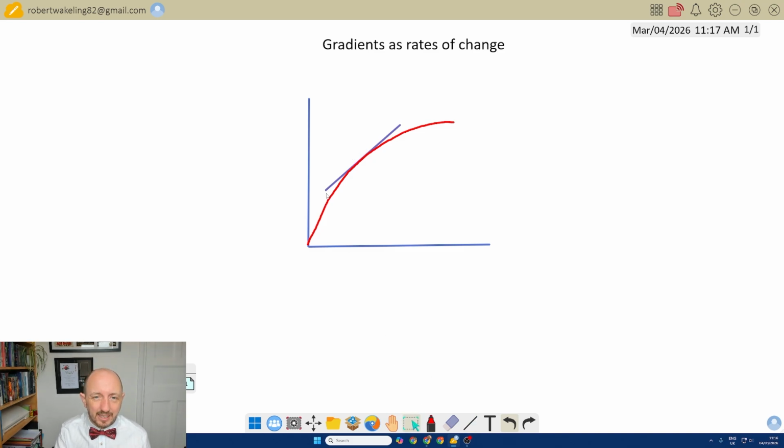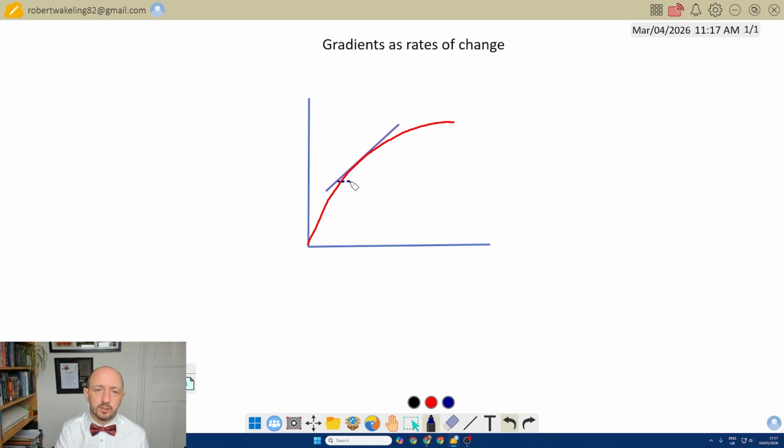Now, this won't be very accurate necessarily. We can try to get this as good as we can, so there will be a range of answers that you can have for this particular question, but try to make it relatively good. And we will work out the gradient of the tangent instead of the curve.